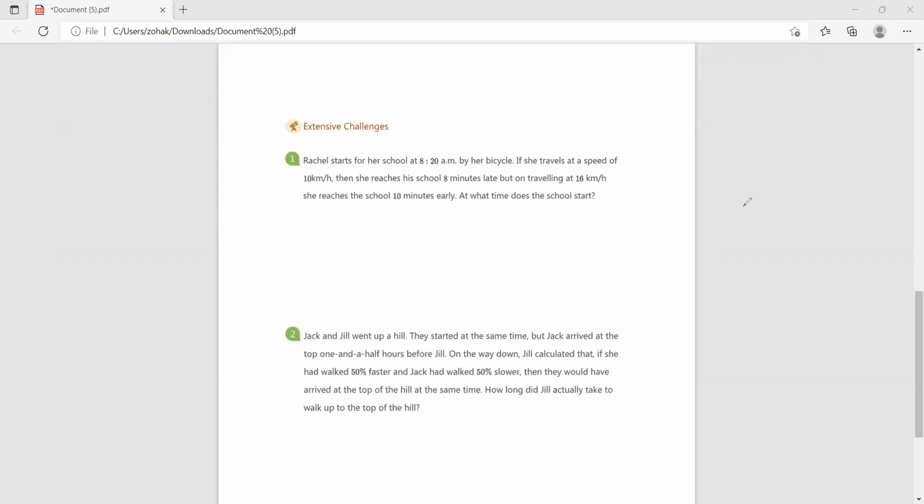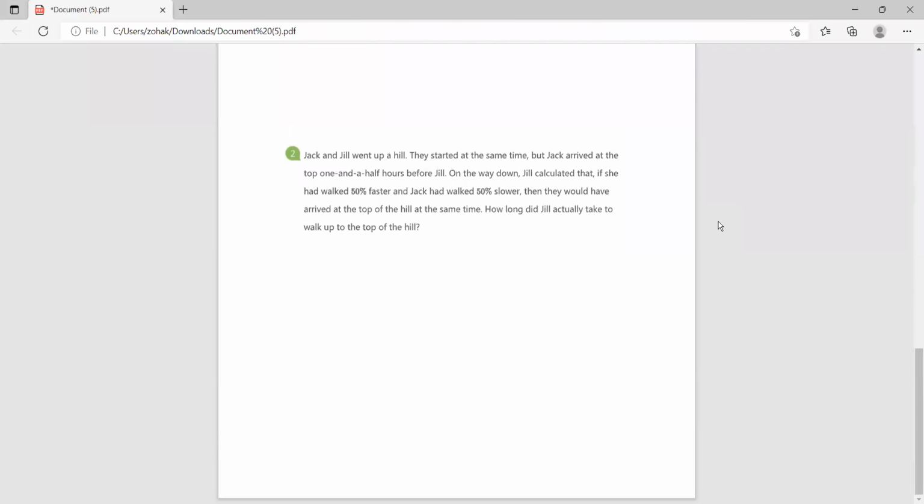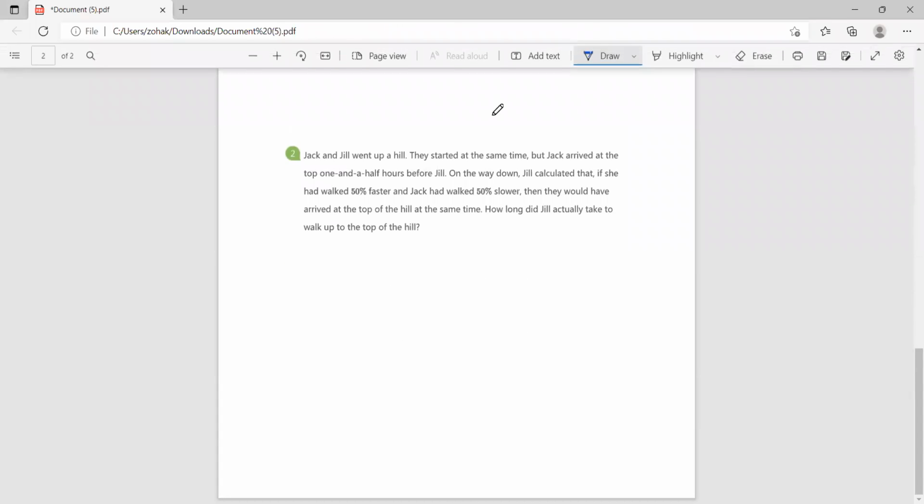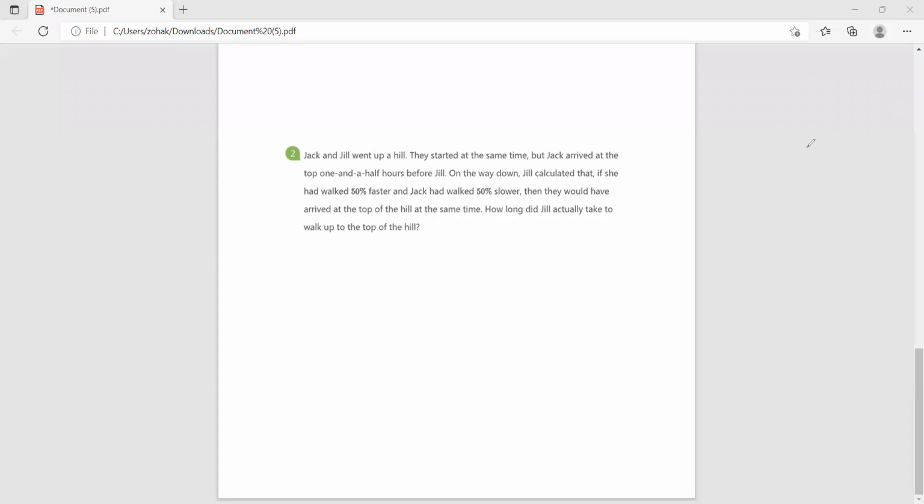number 2 now. So Jack and Jill went up a hill. They started at the same time, but Jack arrived at the top 1.5 hours before Jill. On the way down, Jill calculated that if she had walked 50% faster and Jack had walked 50% slower, then they would have arrived at the top of the hill at the same time.